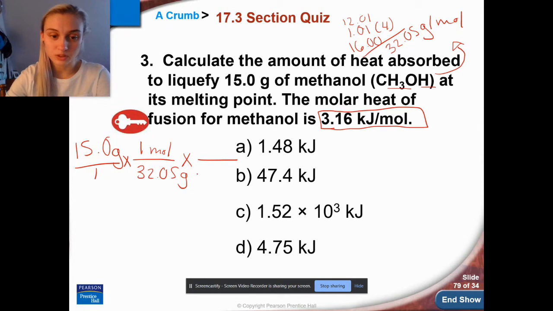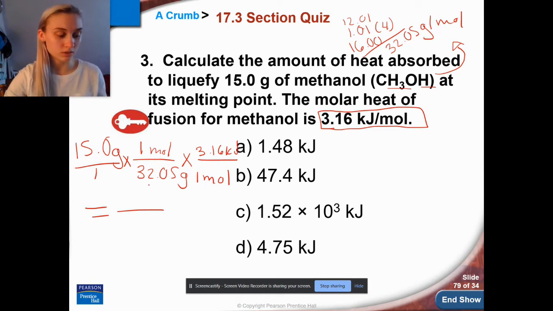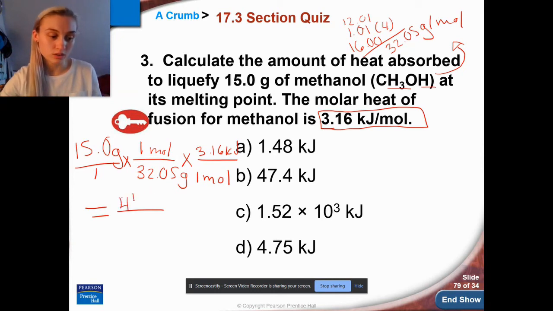And so we say 1 mole of methanol liquefied absorbs 3.16 kilojoules. So if we multiply across the top, you will get 15 times 3.16. That's 47.4.